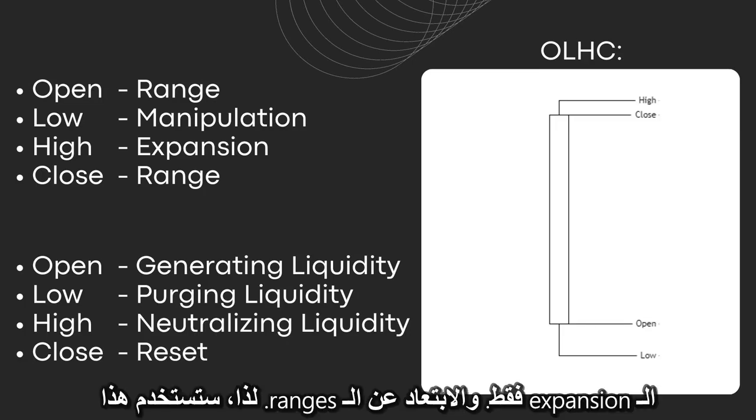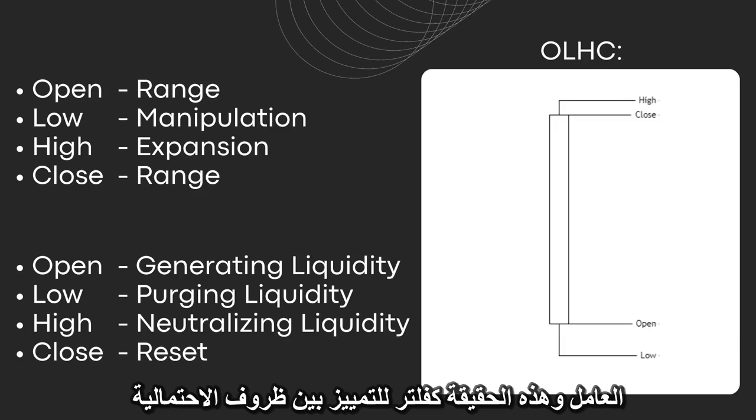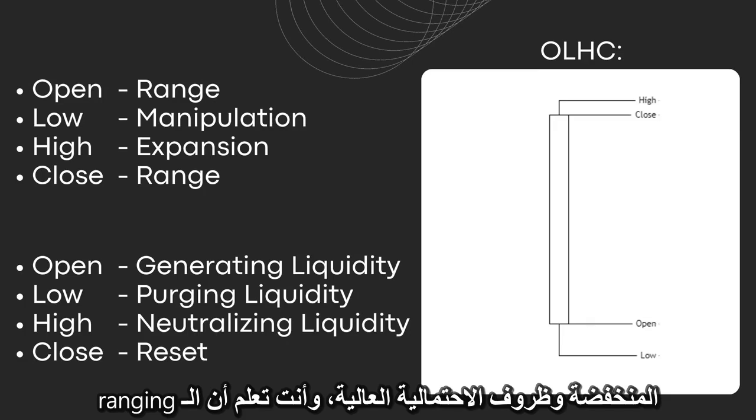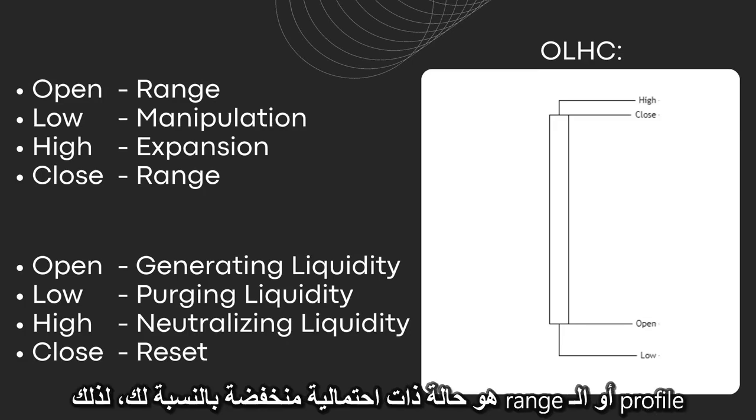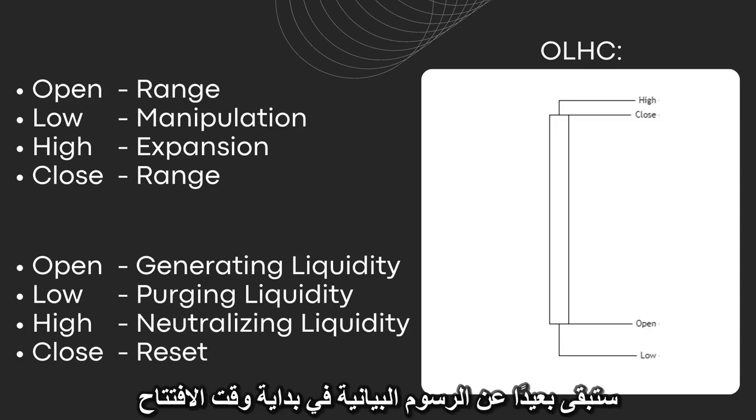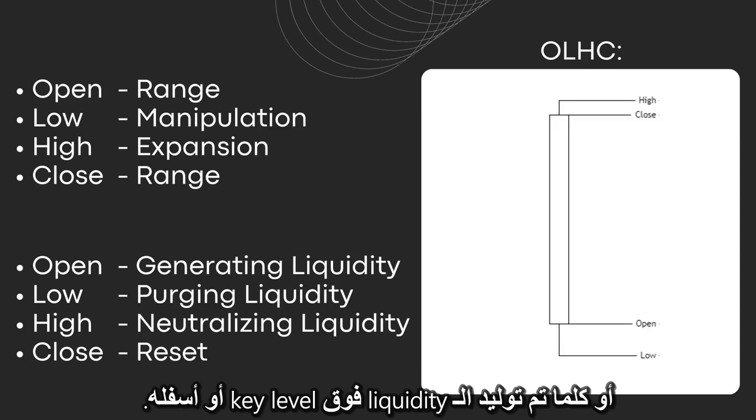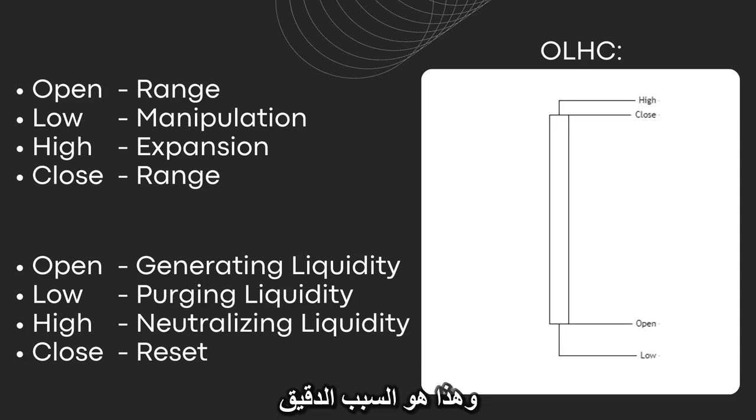So you're going to use that fact as a filter to differentiate between lower probability conditions and higher probability conditions, and you know that a ranging profile or a range is a lower probability condition for you, so you're going to stay away from the charts at the start of the opening time or whenever liquidity is being generated above a key level or below a key level, right?